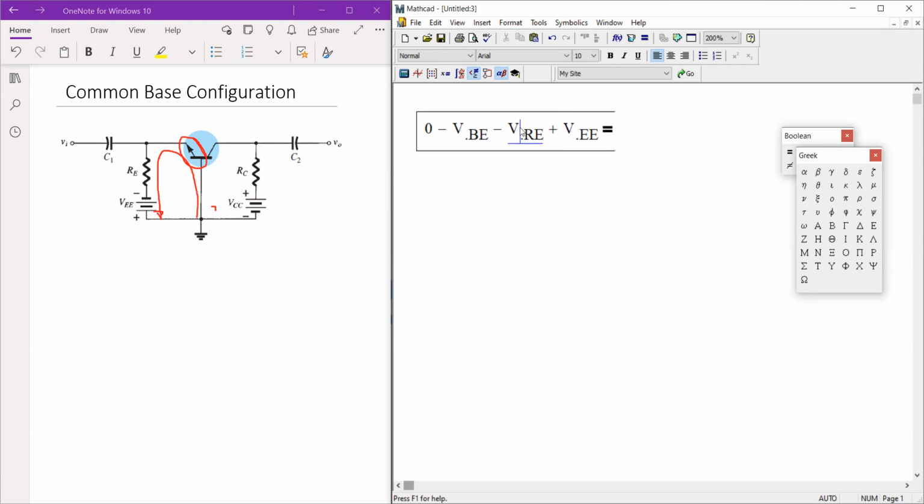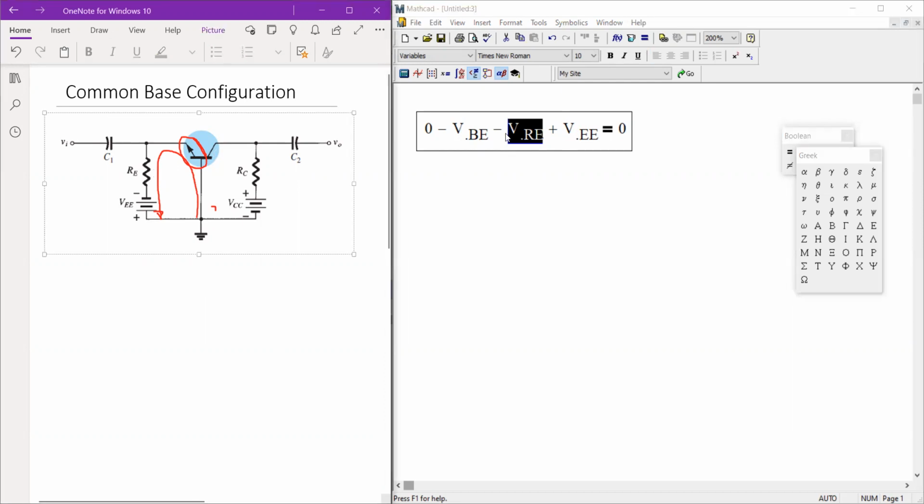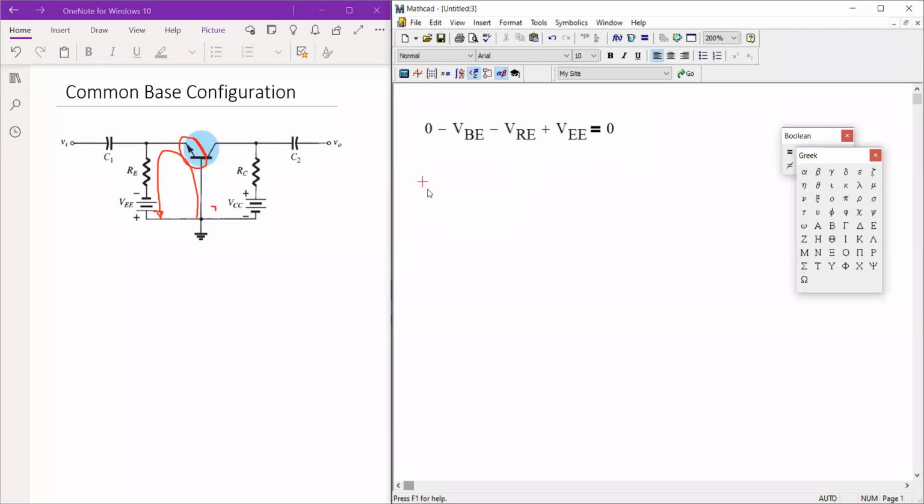Now we can look for the Ohm's equivalent of this voltage. As you can see, this is the voltage found on your resistor. So we can use Ohm's law on this component. So we'll have negative VRE, and the current flowing through it is I sub E. Remember, this is the emitter terminal.